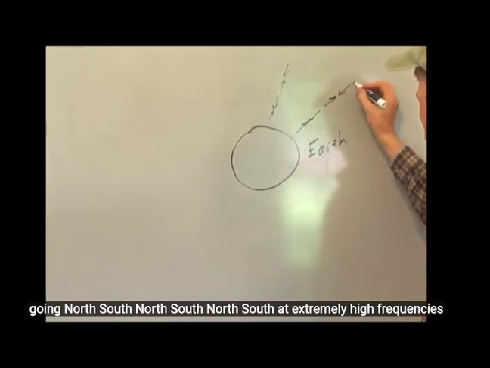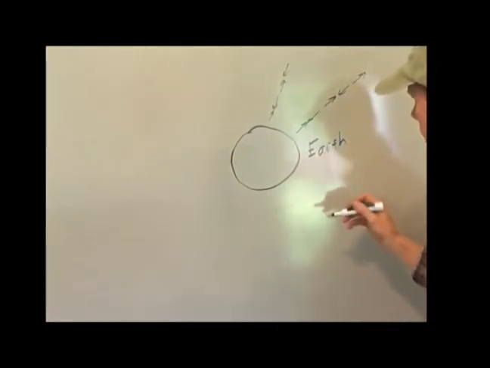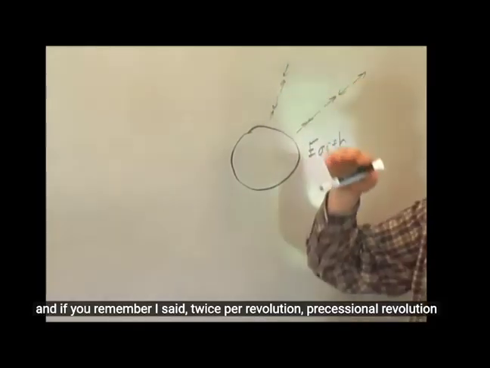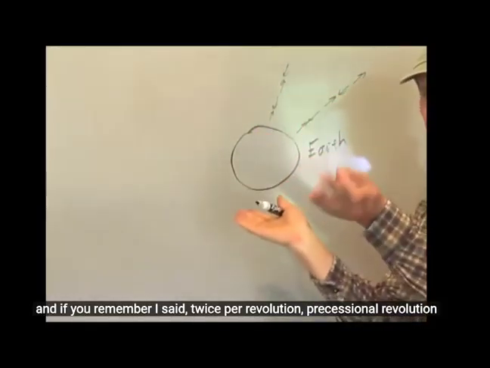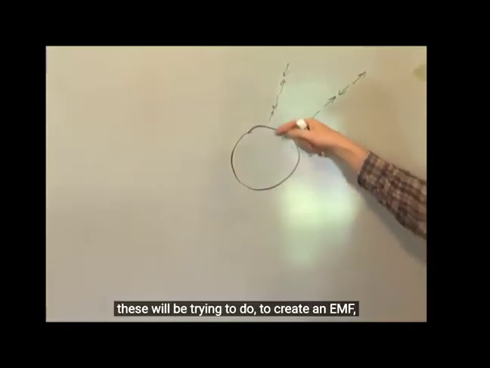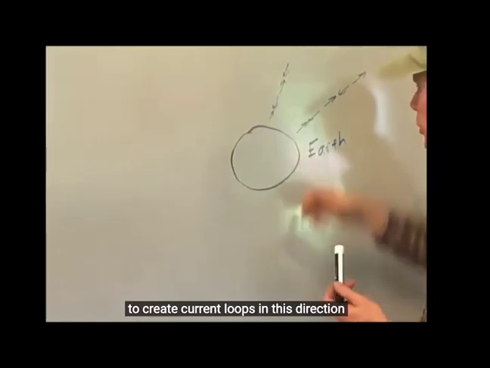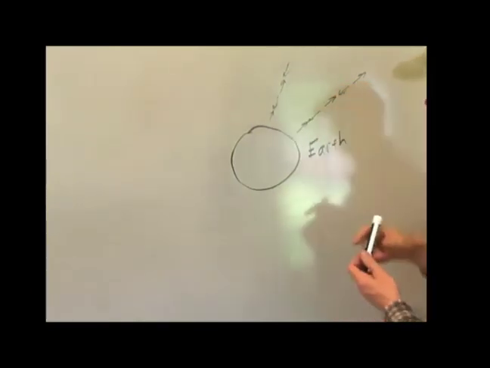Going north, south, north, south, north, south at extremely high frequencies. And if you remember, I said twice per precessional revolution, these will be trying to create an EMF to create current loops in this direction.